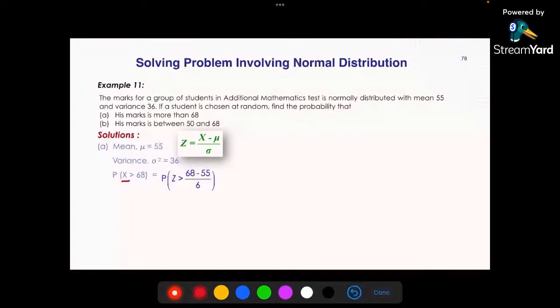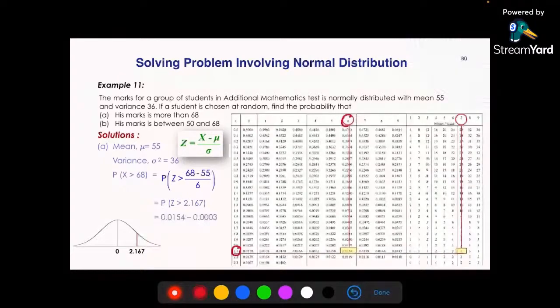Okay, and then kita kira macam biasa, you akan dapat PZ greater than 2.167, which is this one. And then kita tengok dekat formula buku, dekat graf ni, 2.167. So akan dapat 0.0154 tolak dengan 0.003. You akan dapat the answer is 0.0151.